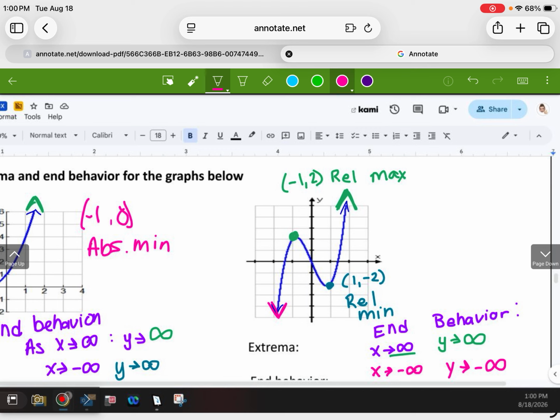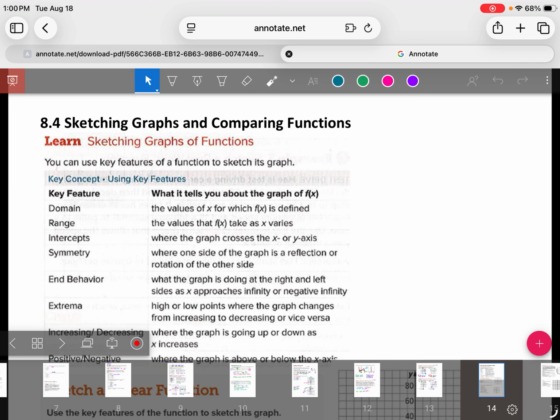In your notes packet, it's page 11, and it starts with 8.4 and then a whole list of information.